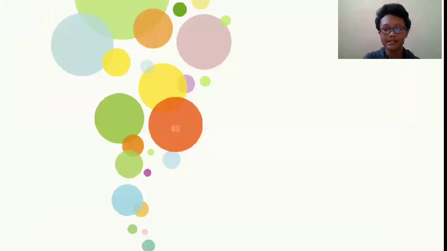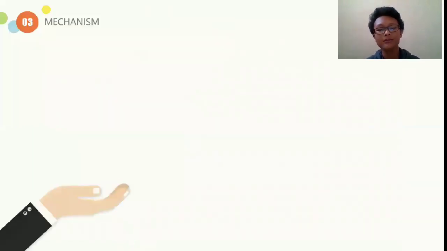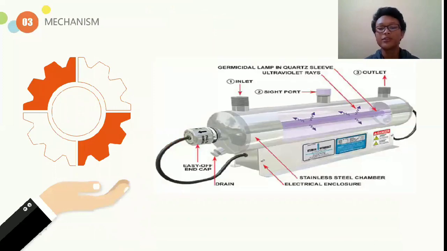And the next is mechanism. The mechanism of UV rays in a UV water filter is the release of photons that will be absorbed by the DNA of microorganisms, causing DNA damage so that the DNA replication process will be inhibited.